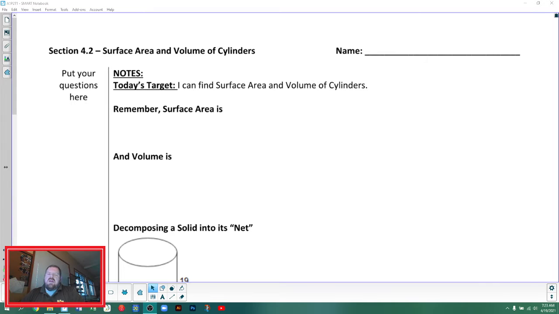So again, we're looking at some geometry measurements, sort of in different dimensions.